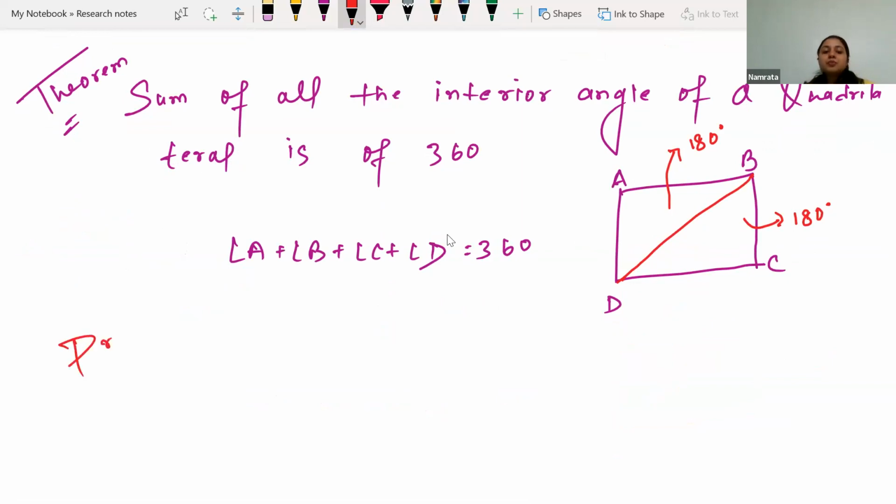If we have to prove that, we will say in triangle ABD, angle BAD plus angle ABD plus angle ADB is equal to 180 degrees.